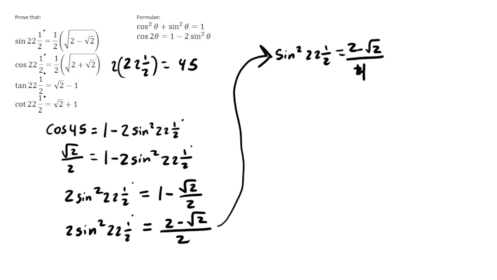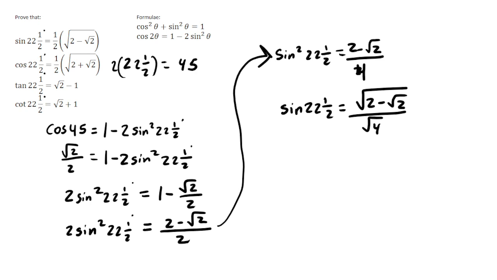Alright? And if we just take the square root of both sides, we'll get sine 22.5 is equal to square root 2 minus root 2 divided by square root 4.